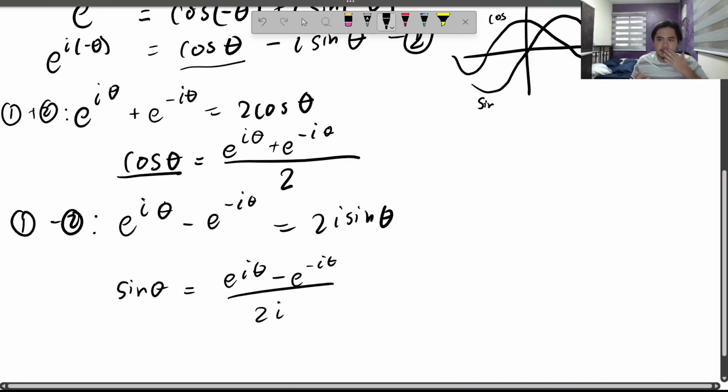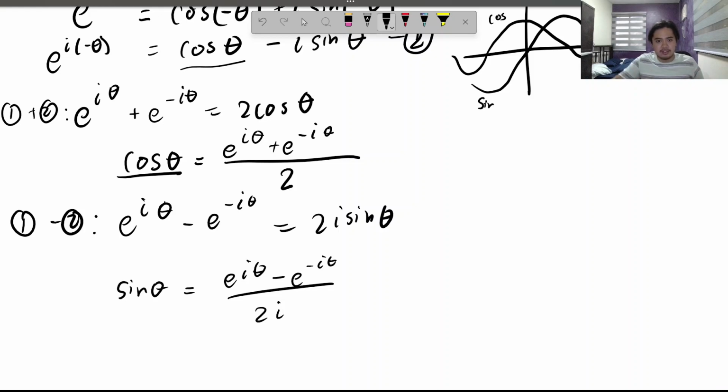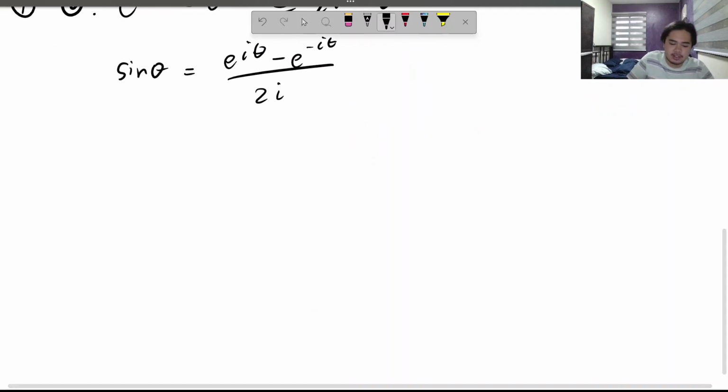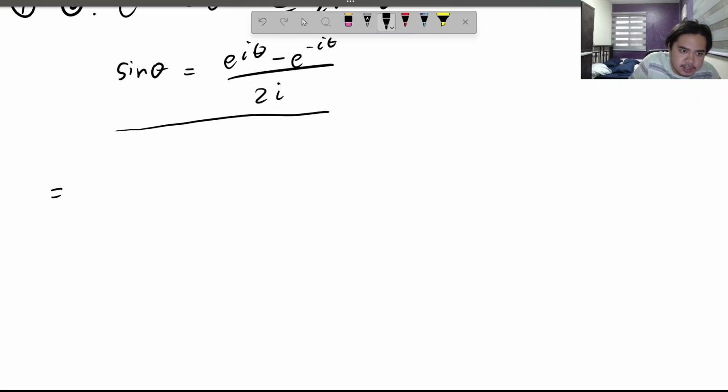You might say this is tricky, but it's actually really cool. Watch this. Our original one is e to the 2x sine 3x. Let's replace sine 3x with this identity. So let's write the original first: the integral of e to the 2x sine 3x dx.